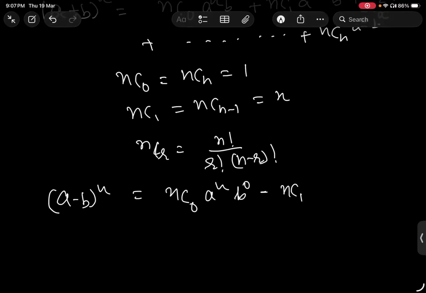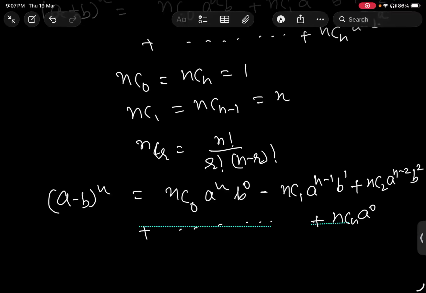So nC1, a to the power n minus 1, b to the power 1, and plus nC2, a to the power n minus 2, b square, and so on to nCn, a to the power 0, b to the power n. And depending upon the value of n, whether it will be negative or positive sign, that depends on it.